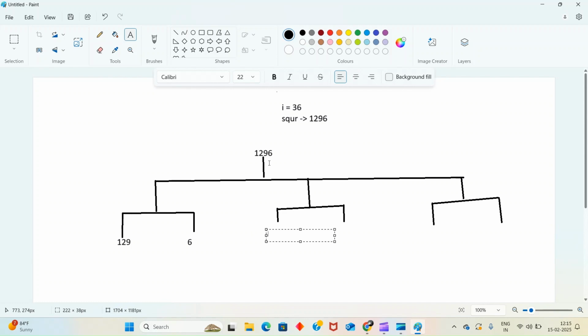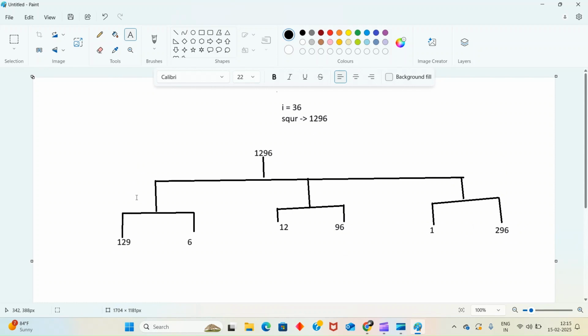Again, if I do this here, it will be 12 and 96. And here it will be 1 and 296. So these are the three cuts I made initially.